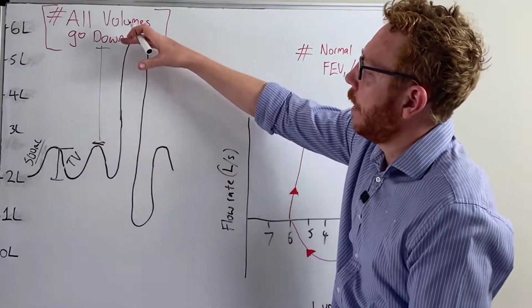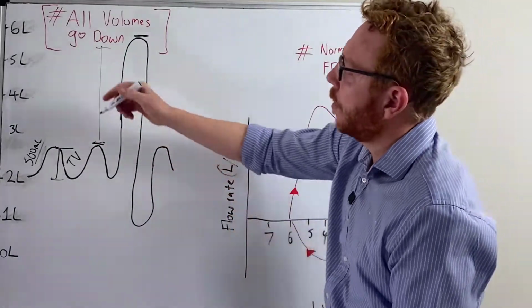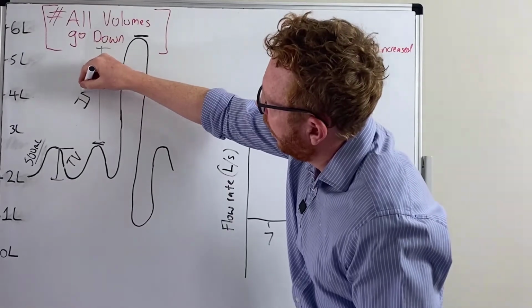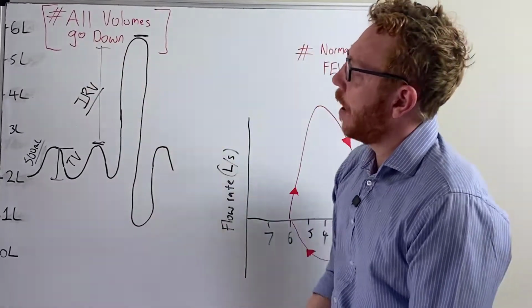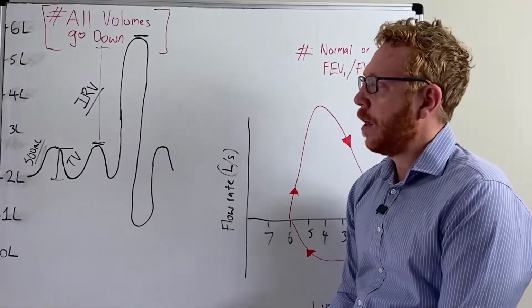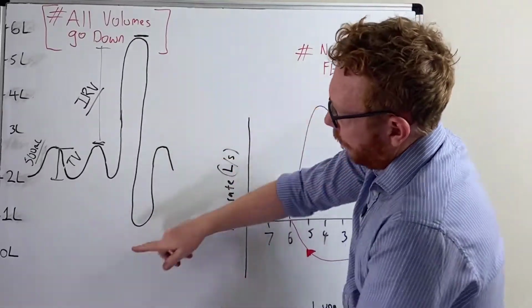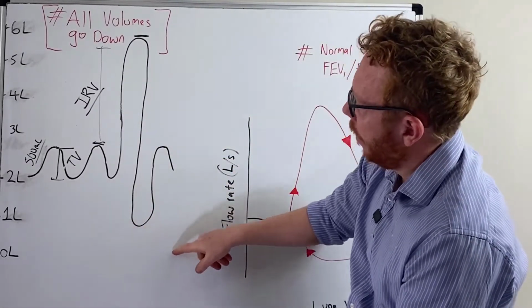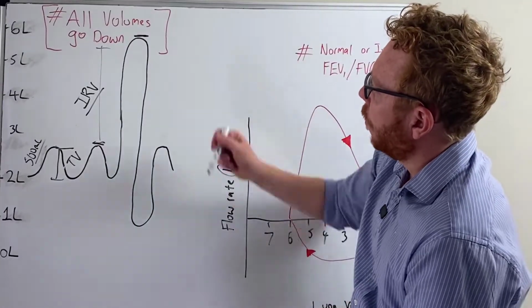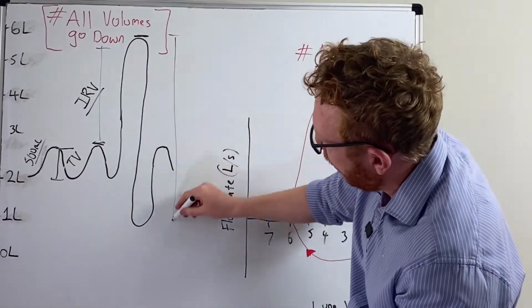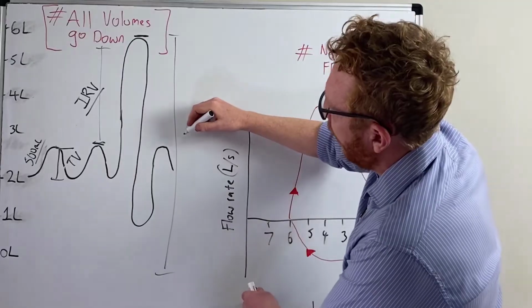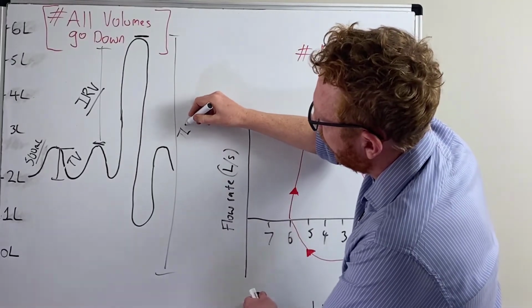Now this is breathing in, so we call it inspiratory reserve volume. This is the maximum amount of air that you can fill your lungs with. So if you were to go from that zero point of no air all the way up to the top point, all that amount is the total capacity of your lungs, total lung capacity.